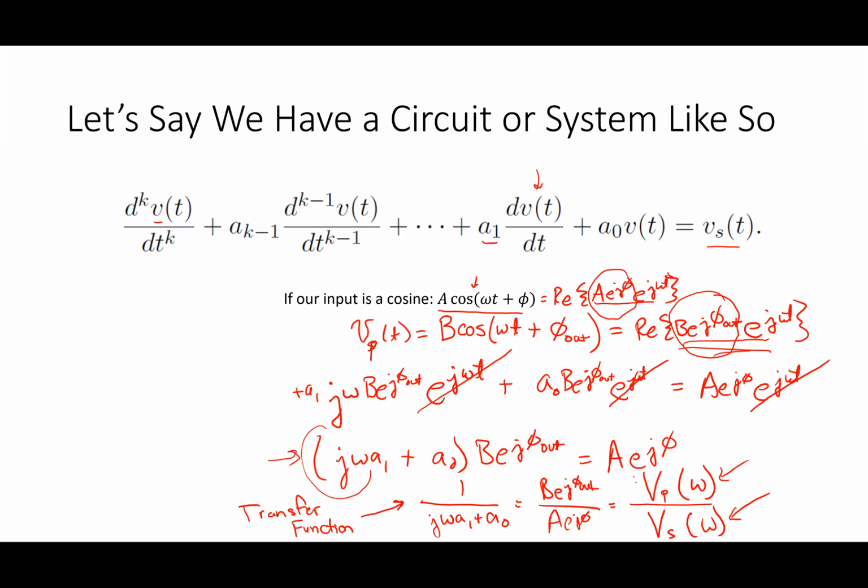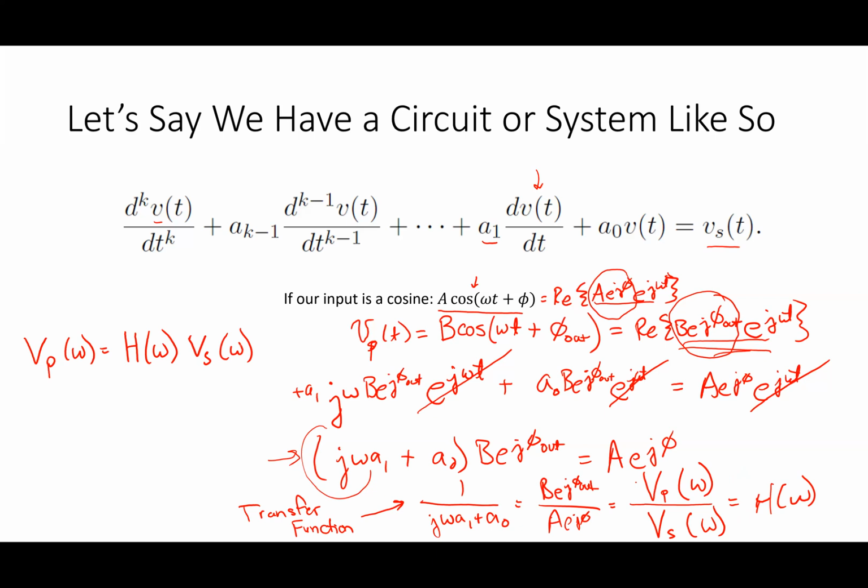And so Yahoo probably refers to it like this, where he says this guy is equal to what I call h of omega, right, my transfer function. And I can say that the Fourier transform of the output equals the transfer function times the Fourier transform of the input.